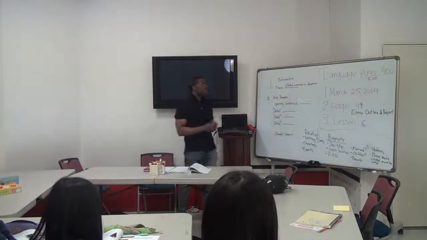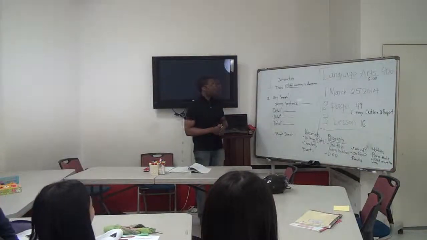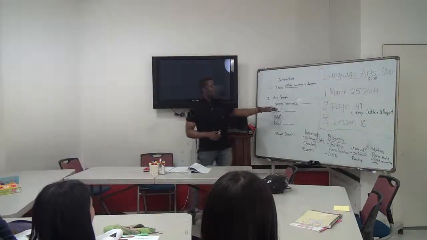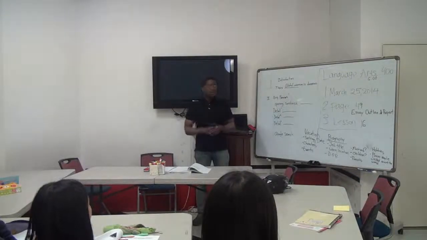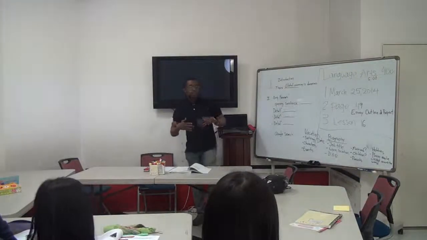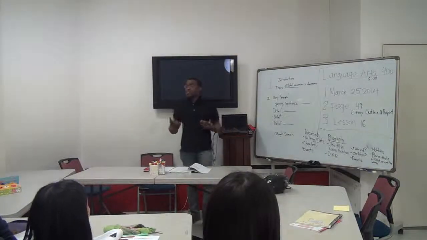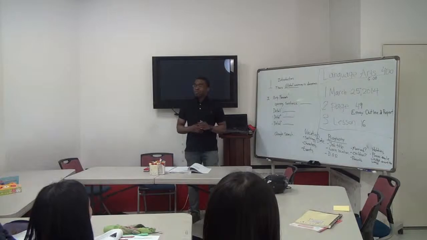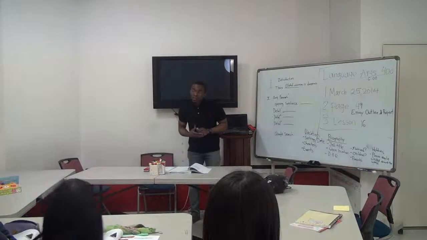So this is just an example. Global warming is dangerous, and then you give an example, okay? Global warming is dangerous because sea levels are rising, okay? Who can give me another example of why global warming is bad, is dangerous for our Earth? Say one more time.